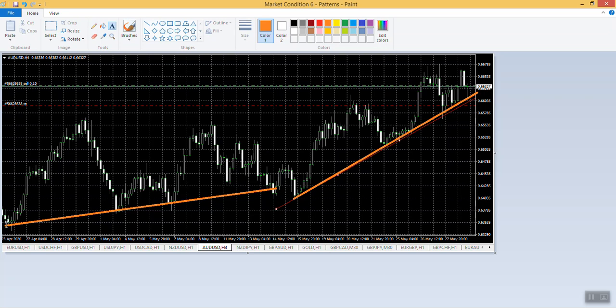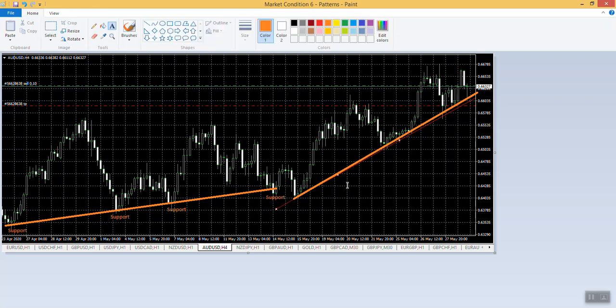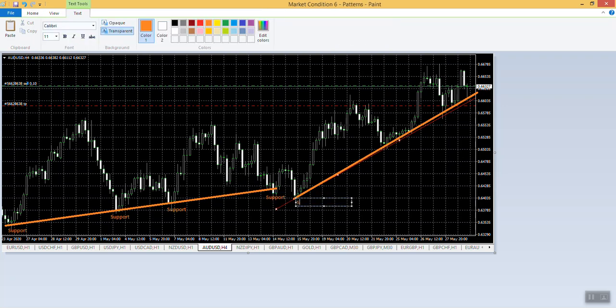Here, where it touches at this price, it also forms a support. At this place it also forms a support, and at this place too. This price range also forms a support, and here too.